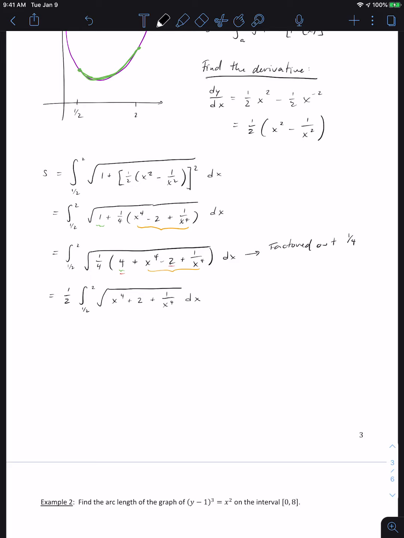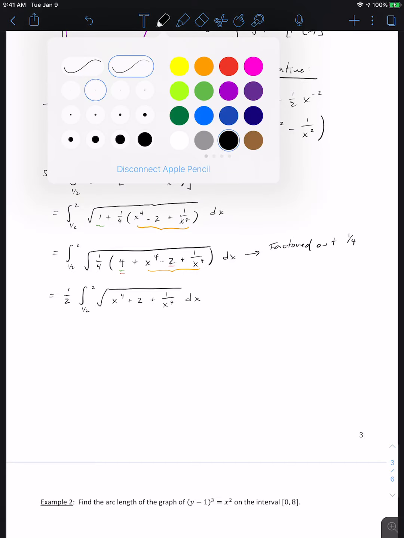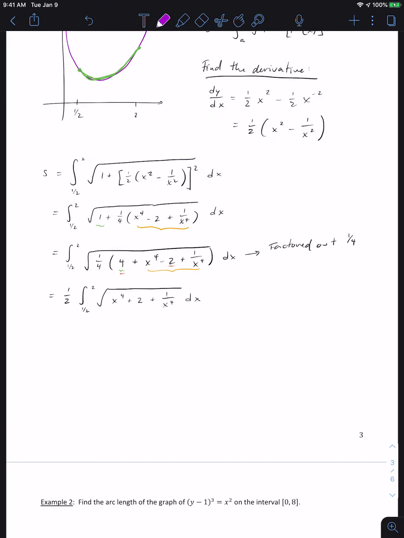Now here's another algebra trick. We need to realize that x to the 4th plus 2 plus 1 over x to the 4th is the square of some binomial.